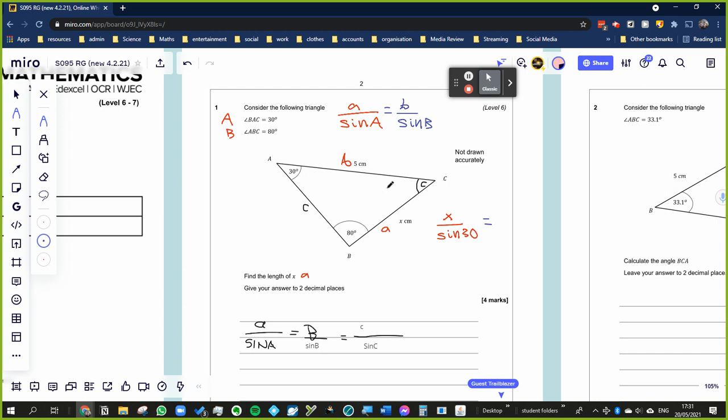They could have labeled this anything they want, but we've got an angle and an opposite side, so we use that one. We wouldn't use this one because we don't have any information about it, so it's not going to help us. So that's equal to 5 over sine 80.